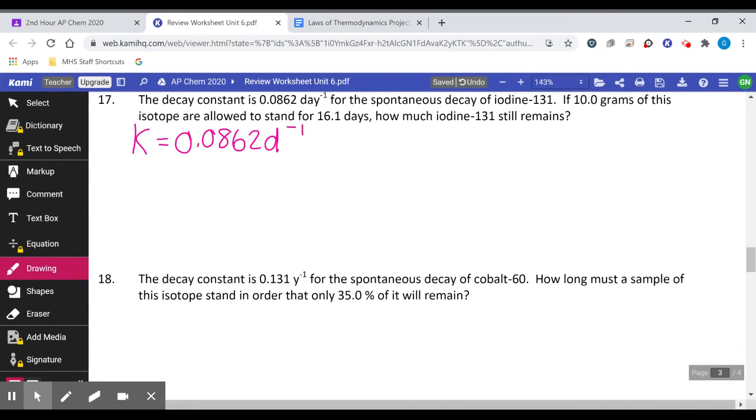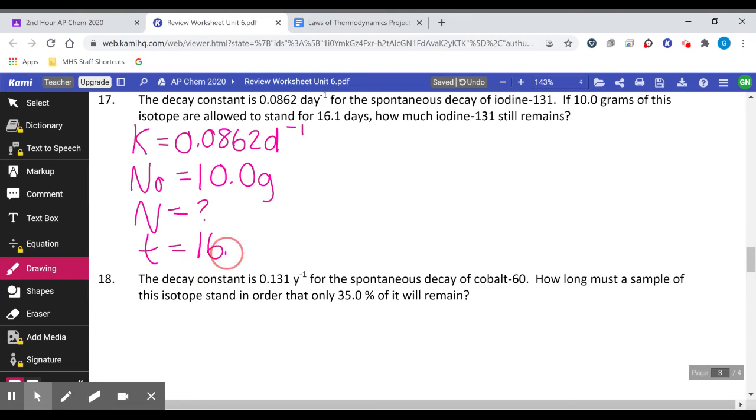We're also given how much of this isotope we're starting with, that is N sub 0, our 10.0 grams of iodine-131. We're solving for N, how much is left after t equal to 16.1 days.